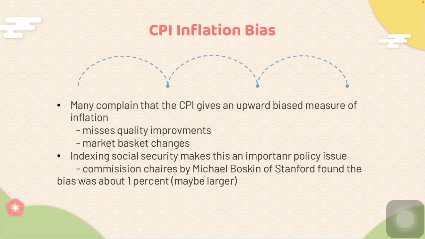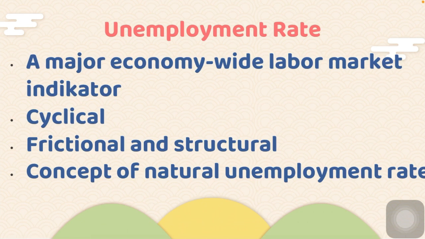The second is indexing Social Security, which makes this an important policy issue. A commission chaired by Michael Boskin of Stanford found the bias was about 1% and maybe larger.